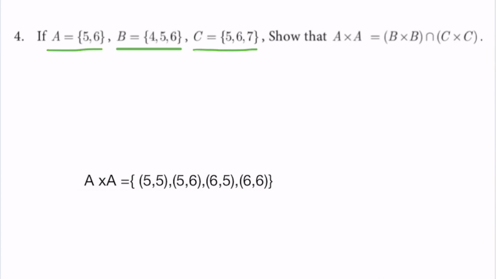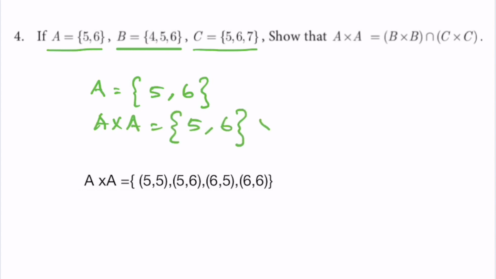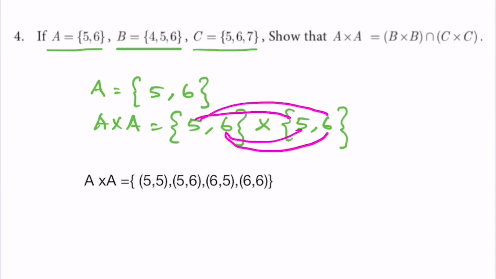So to find A cross A, let us write A is equal to 5, 6. So A cross A is equal to 5, 6 cross 5, 6. So now let us find all the ordered pairs. 5, 5, 5, 6, 6, 5 and 6, 6.